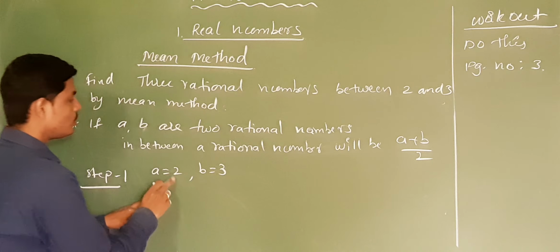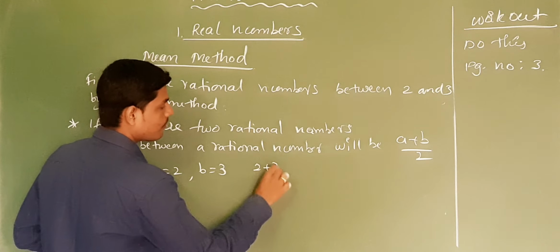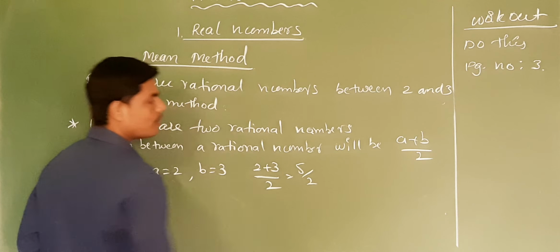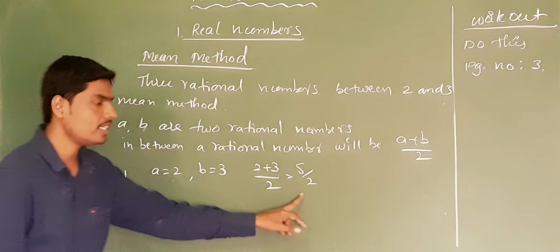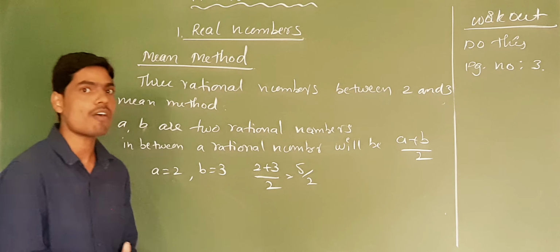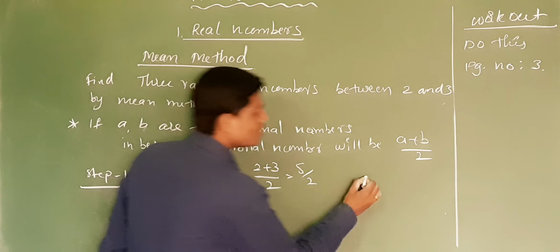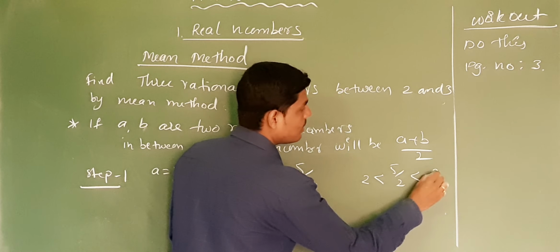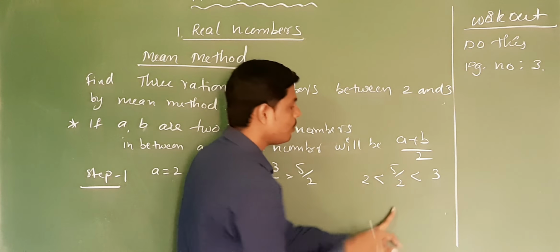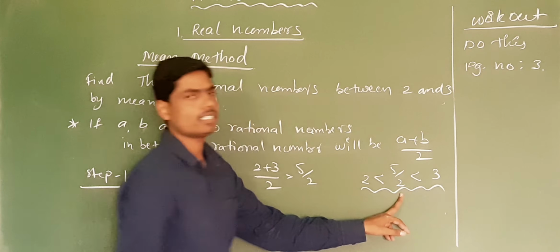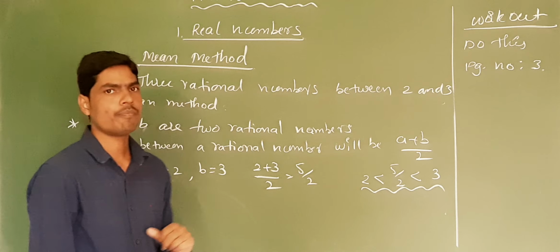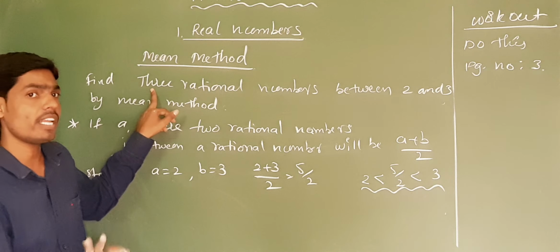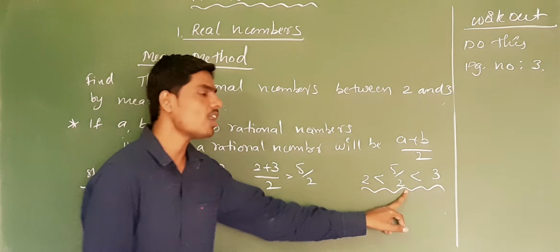That is (2 plus 3) by 2, it will become 5 by 2. Now this 5 by 2 is in between 2 and 3. It is a fraction, a rational number. Now we need to find 2 more, because we need to find a total of 3 rational numbers. So here we got 1.